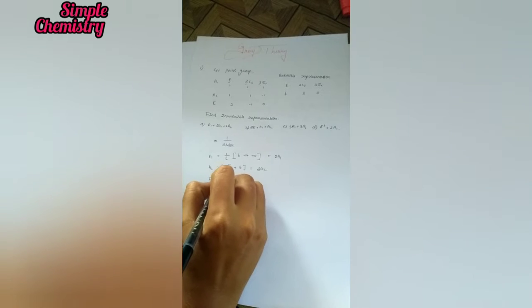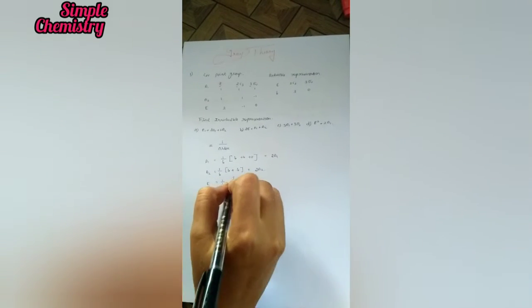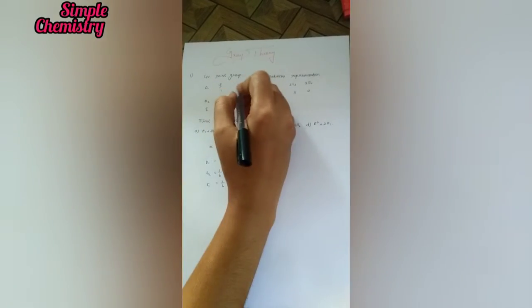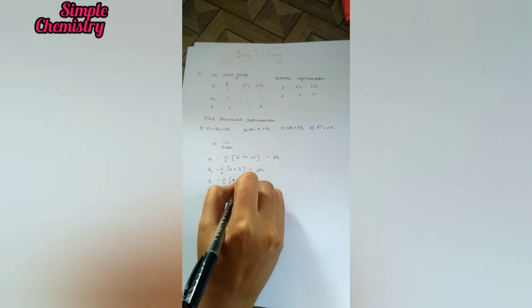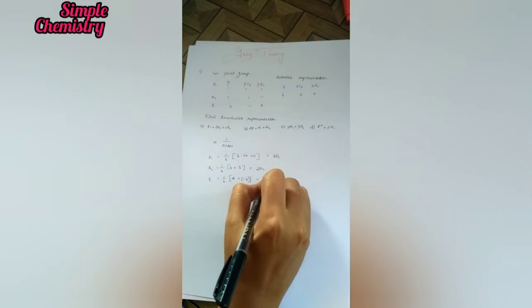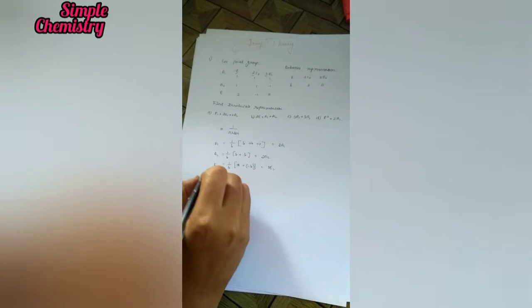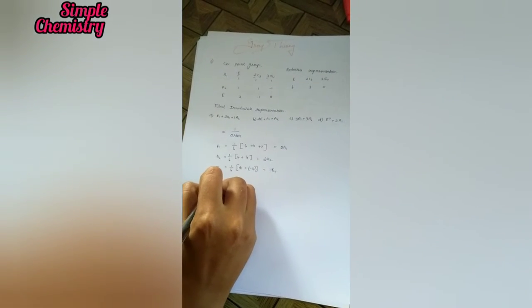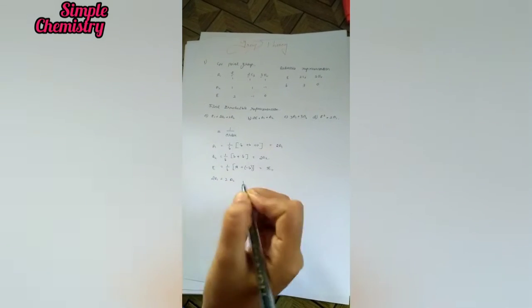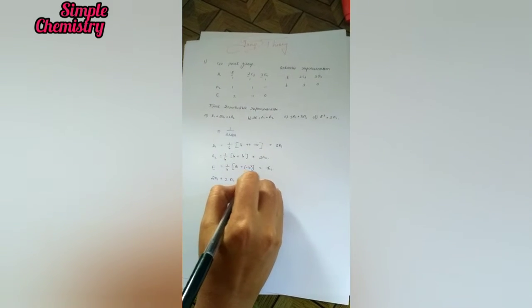For E, 1 into 2 into 6 is 12, 1 by order equal to 6, that 1 into 2 into 6 is 12 and then 2 into minus 1 into 3, that is minus 6. So we get 1 E. Finally we have to write like this: 2A1 and 2A2 and 1 E.